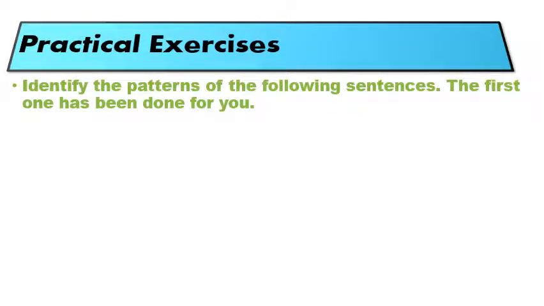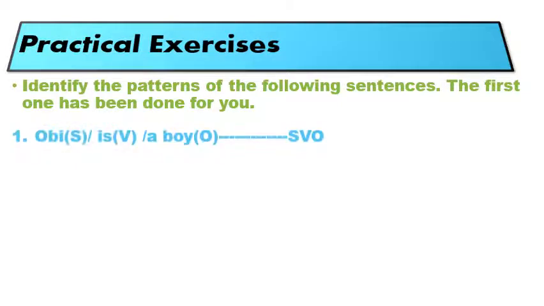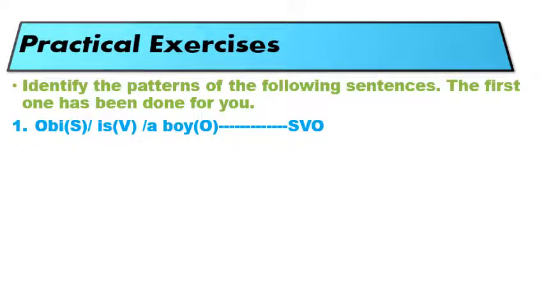All right, let's do some practical exercises. Now, you will identify the sentence patterns in the sentences below. The first one has been done for you. Obi is a boy. The pattern is subject, verb, object. SVO. Obi is the subject, is the verb, and a boy the object.